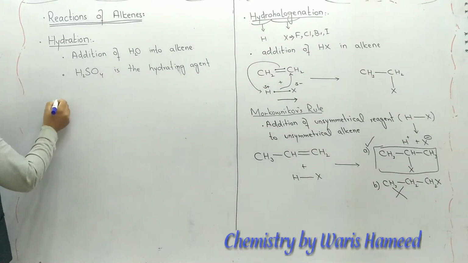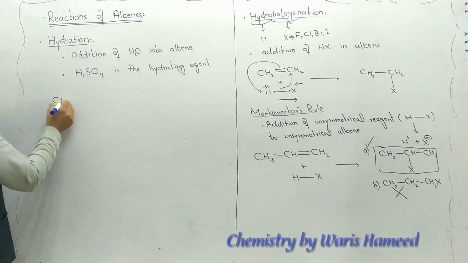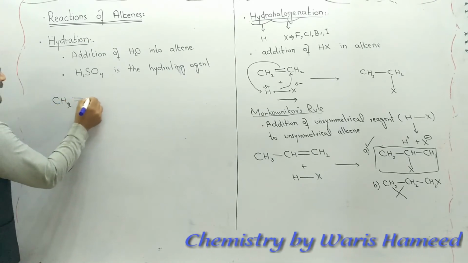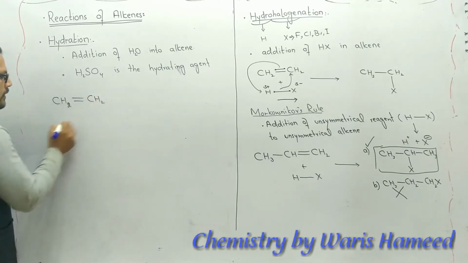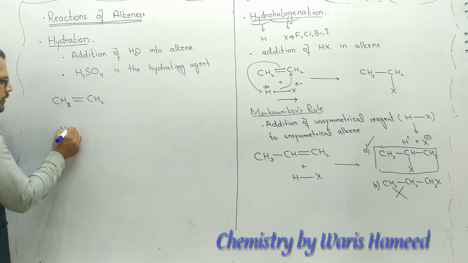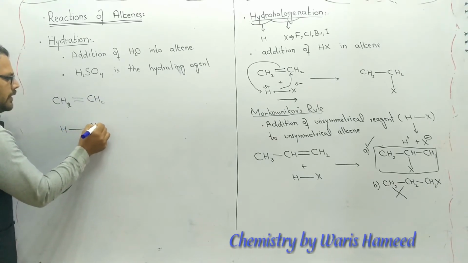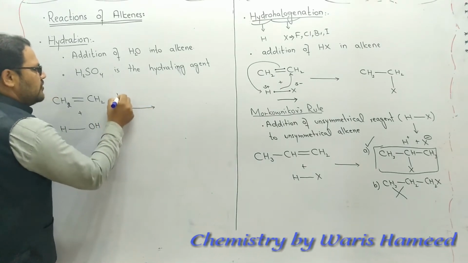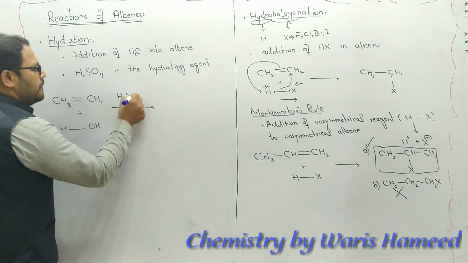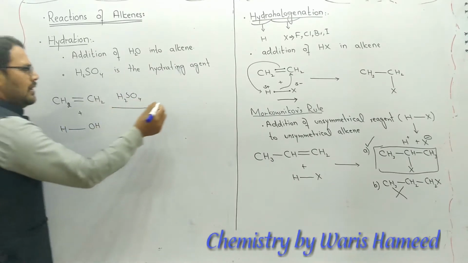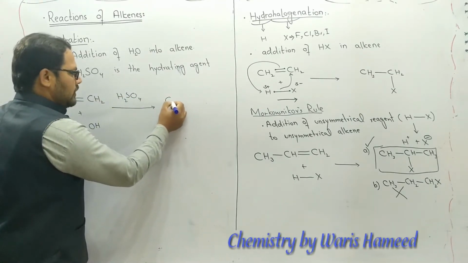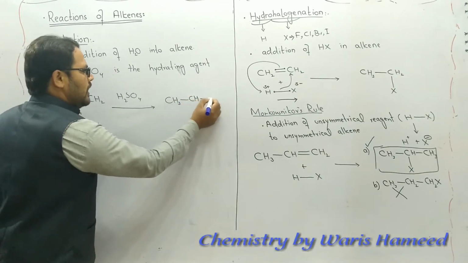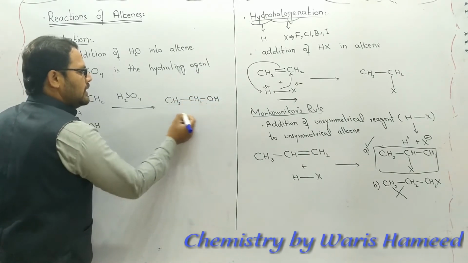In this reaction, again we are taking ethene and adding a water molecule into ethene. In the presence of sulfuric acid, it will convert into ethanol, CH3 single bond CH2 and OH. It's ethanol.